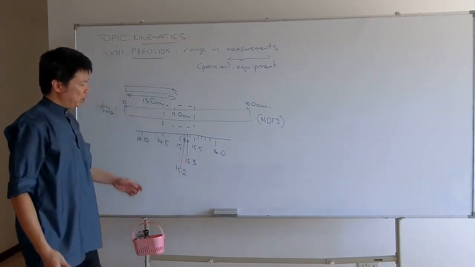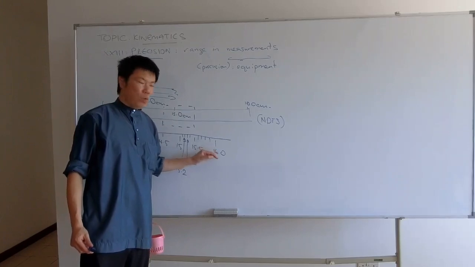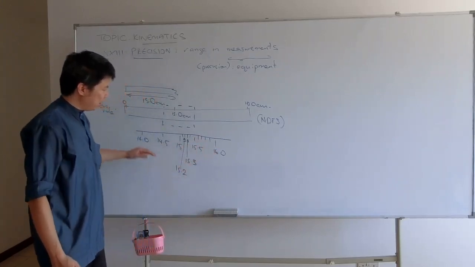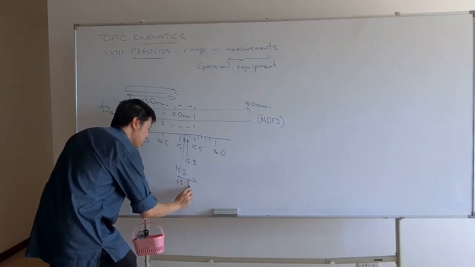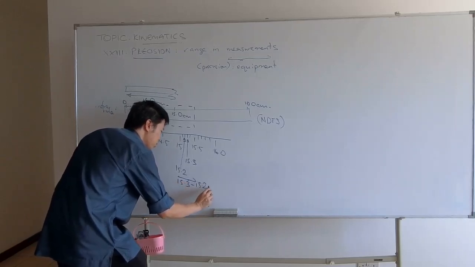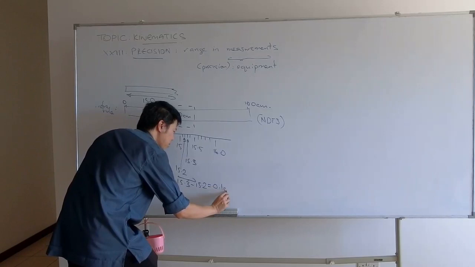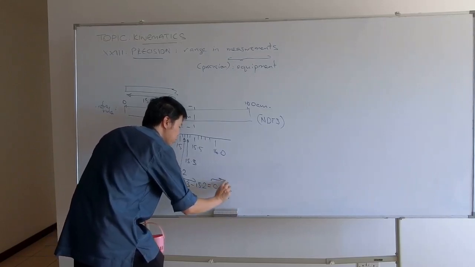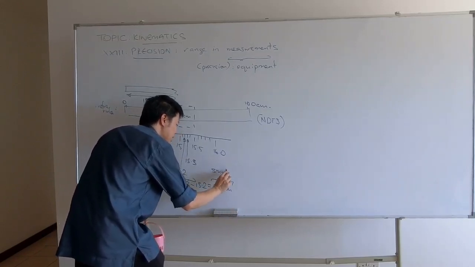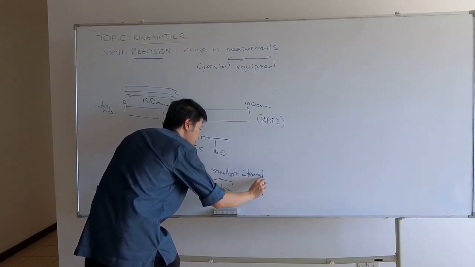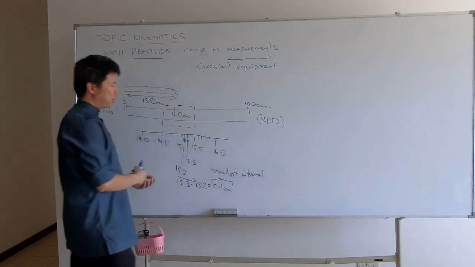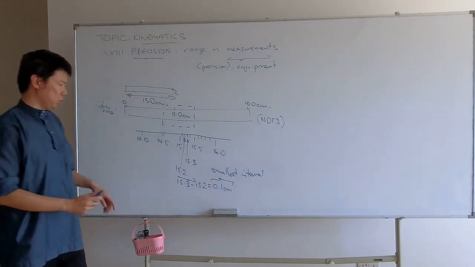So you can actually say that the smallest interval in the ruler is 15.3 minus 15.2 equal to 0.1 centimeter. So this represents the smallest interval in your measuring device, which is your meter rule.